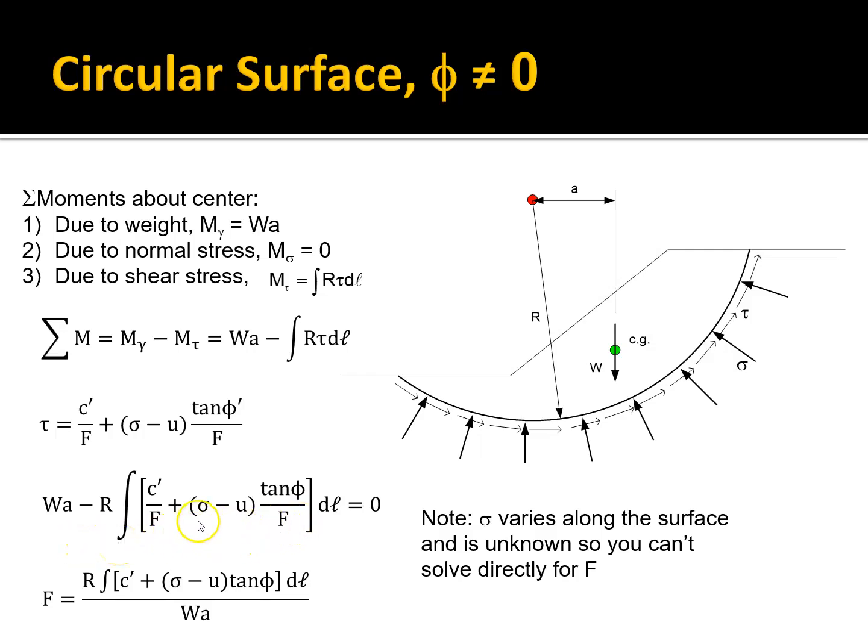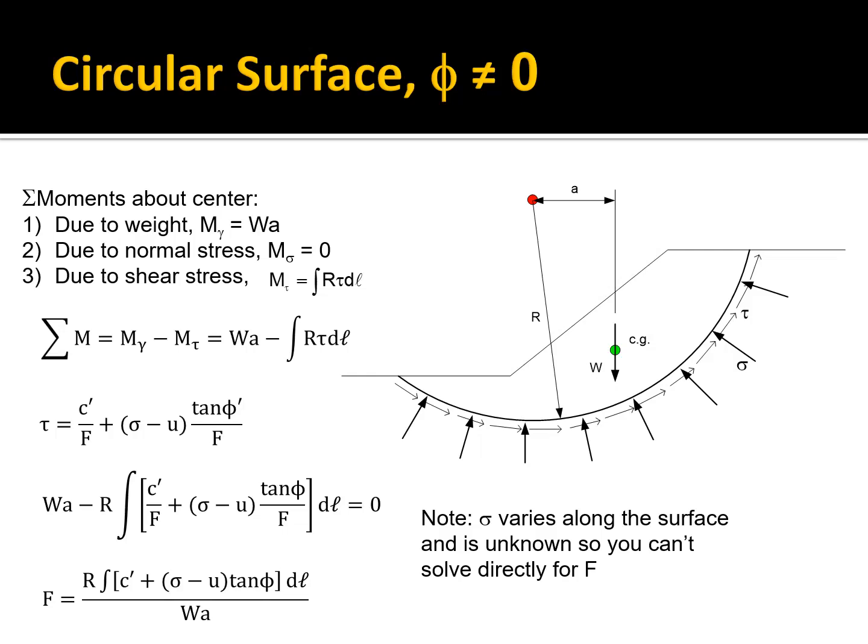If you solve this equation for F, we get this equation here, which is another way of interpreting this: the numerator is the moment resisting failure, and the denominator is the moment of the weight of the slice driving failure. The problem is the normal stress, sigma, which is used right here, varies along the length of the surface and is unknown, so you can't solve it directly for F. But theoretically, this is the equation we use.